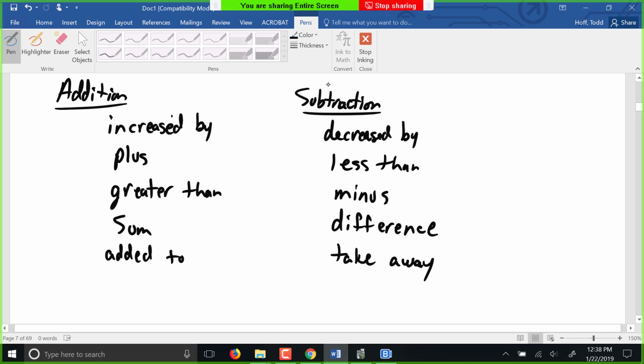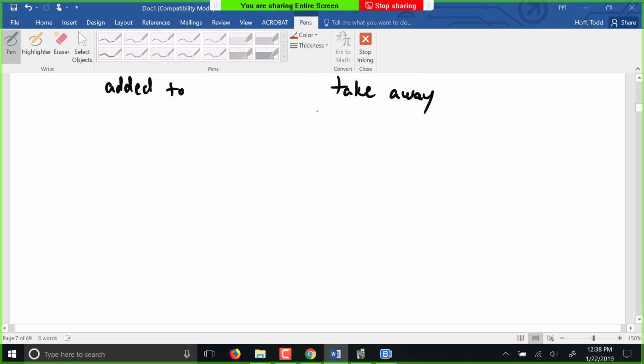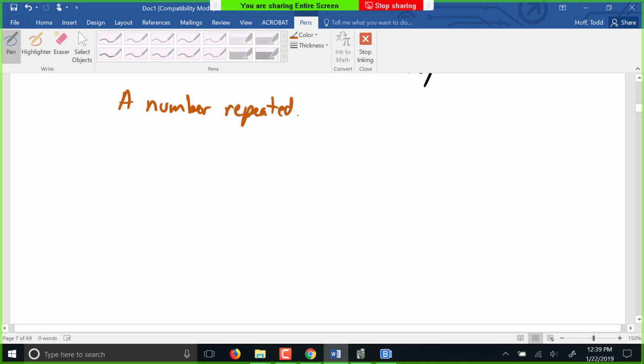So I want to pick up today with this one: a number repeated 7 times. And I'm going to ask you to use n for our unknown number.